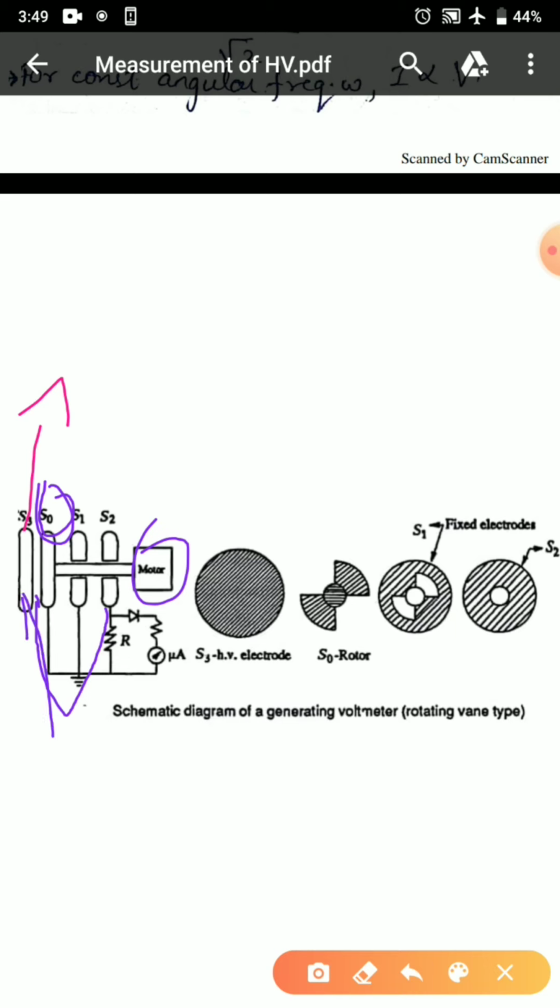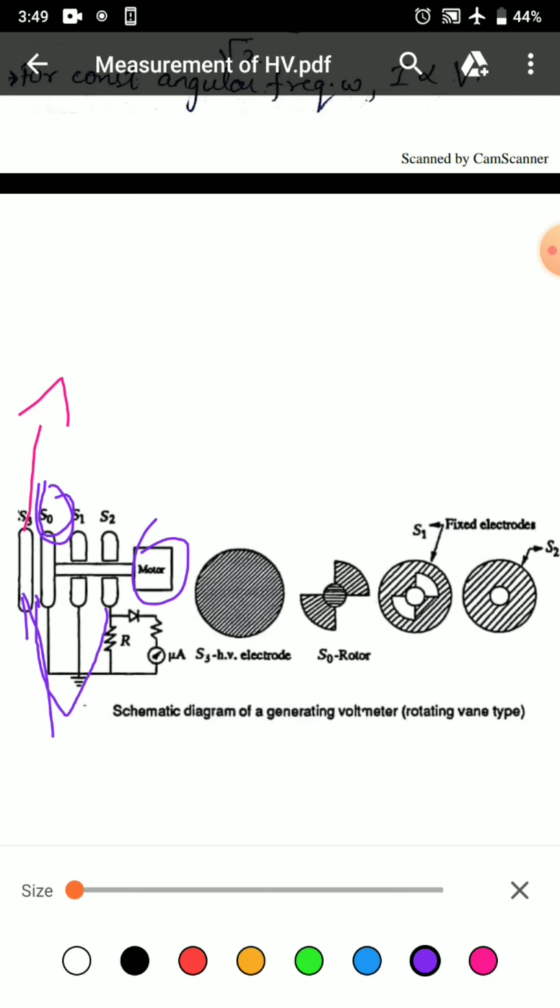The shape and number of vanes of S0 and S1 are designed to produce sinusoidal variation in capacitance. The generated AC current through resistance R is rectified and read by a moving coil instrument.